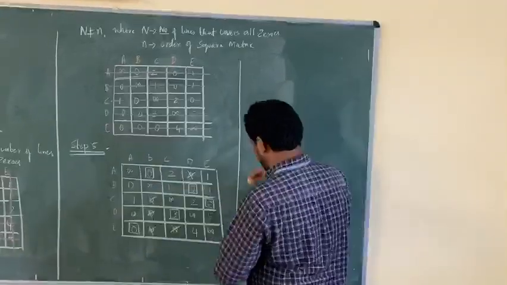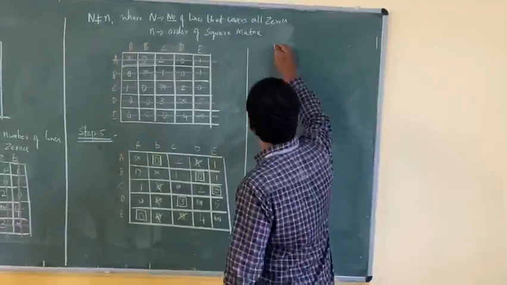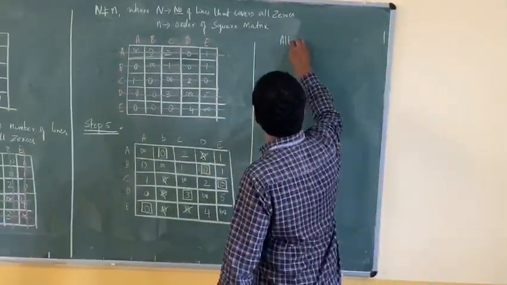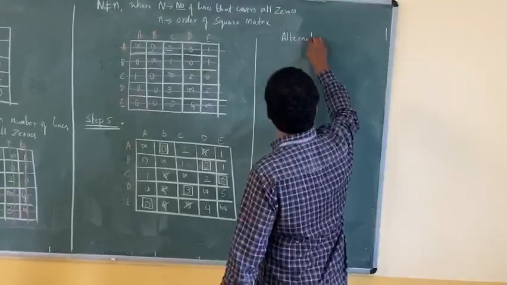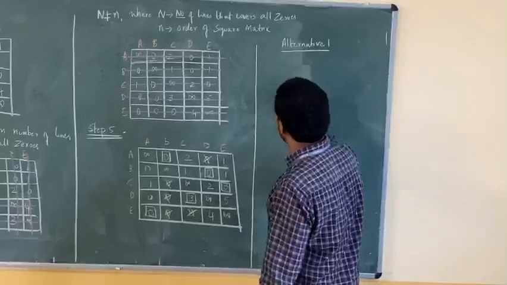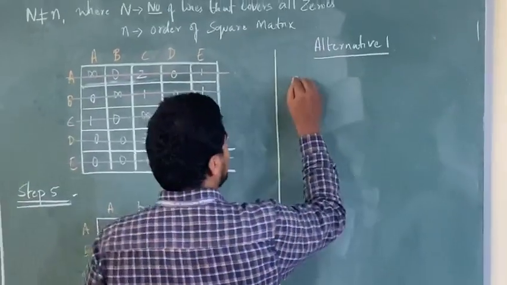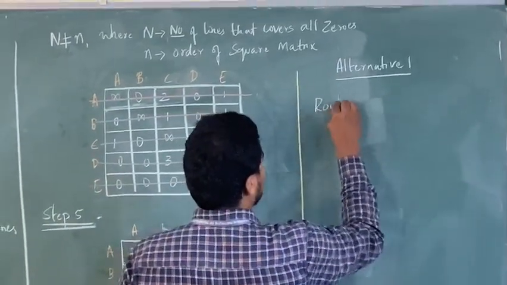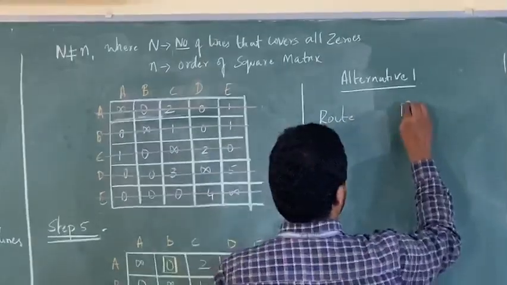This is one alternative, so I'll call this alternative 1. In alternative 1 we have a different route and a different penalty.